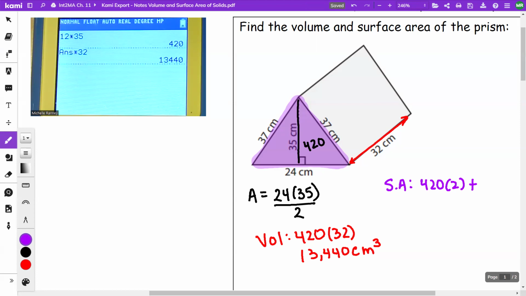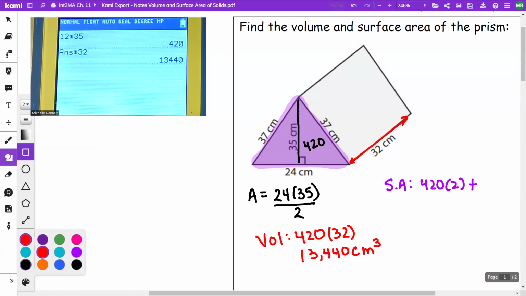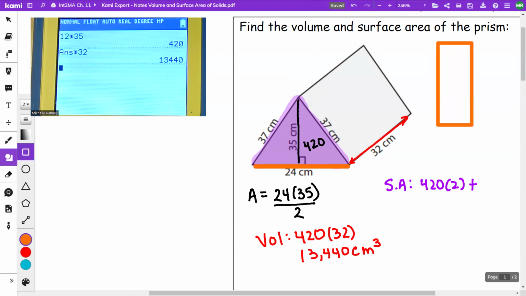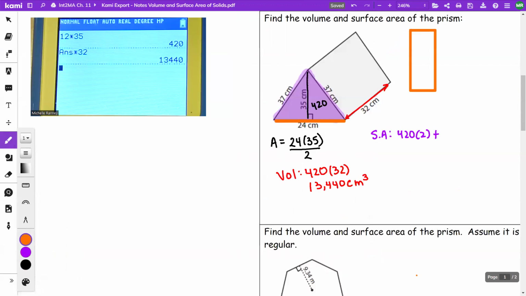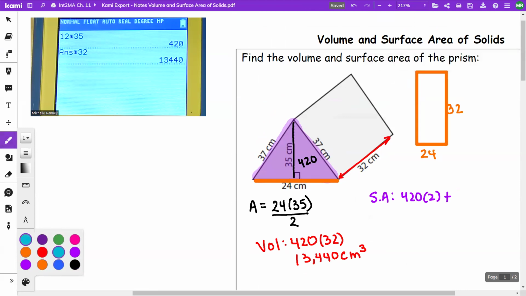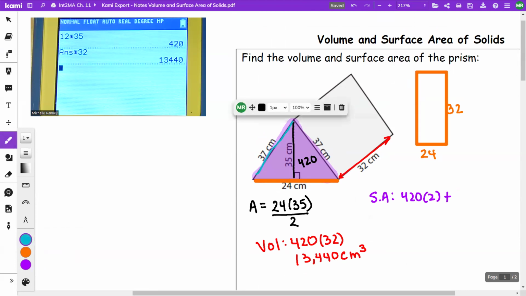I have one rectangle that is going to be 24 by 32. Then I'm going to have 2 that are going to be the same. They're both going to be like this and this one here.